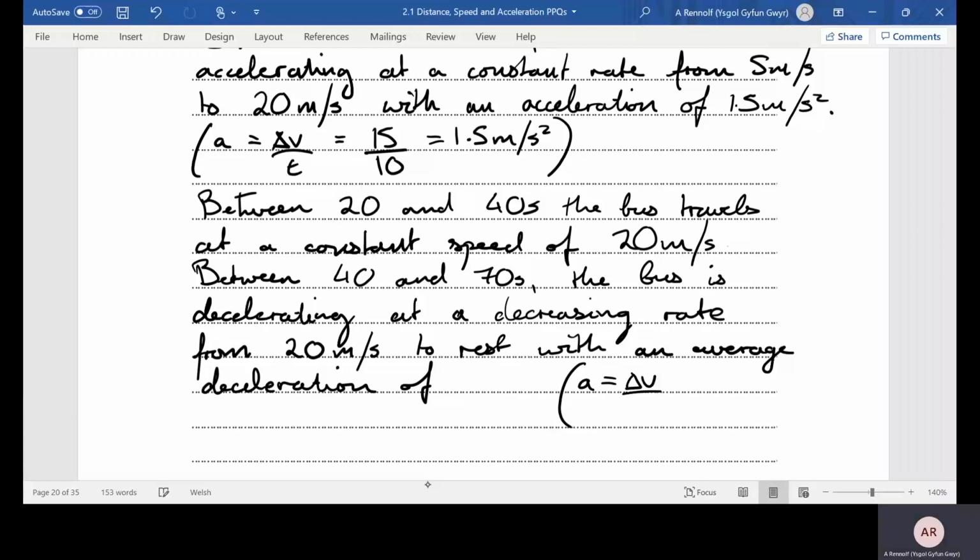A is delta V over t. Change in speed here is 20 over a time period of 30. And so our deceleration is 0.67 meters per second squared.